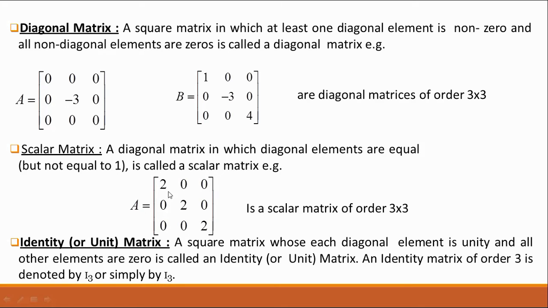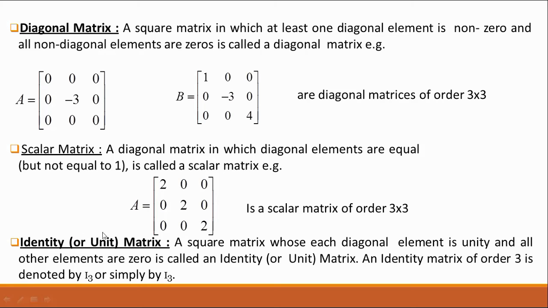All diagonal elements are equal but not equal to 1. So this is a scalar matrix. If we put equal elements here, then this matrix will be a scalar matrix, and if there are different elements, then the matrix will be only a diagonal matrix. But now this matrix is a diagonal matrix, and also a scalar matrix.